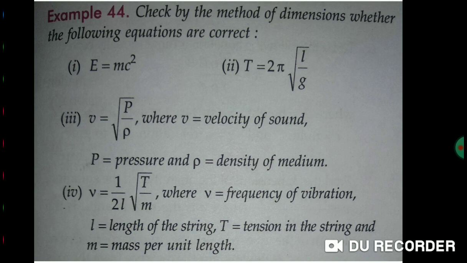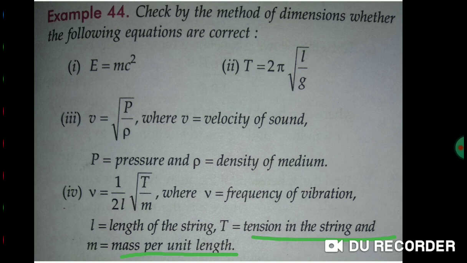And the fourth one is nu equals 1 by 2L square root of T by M, where nu is the frequency of vibration, L is the length of the string, T is the tension in the string, and M is mass per unit length. See, these 2 dimensional formulas are not available in the table, so I'll provide them to you.